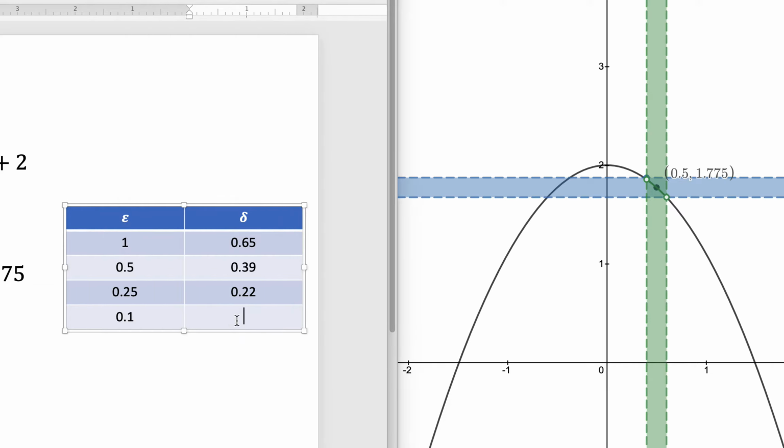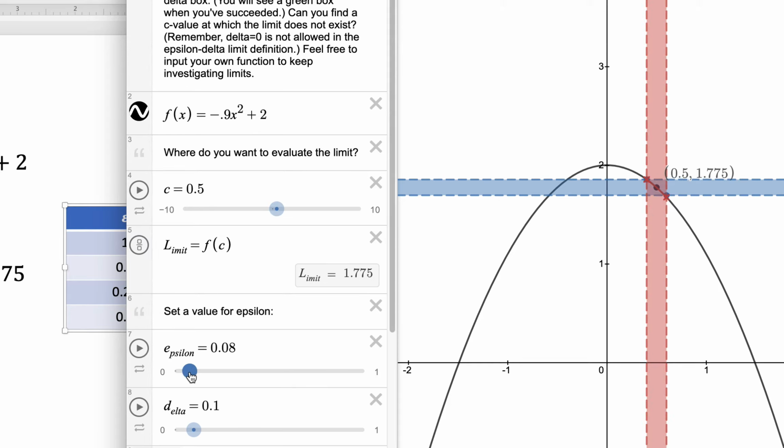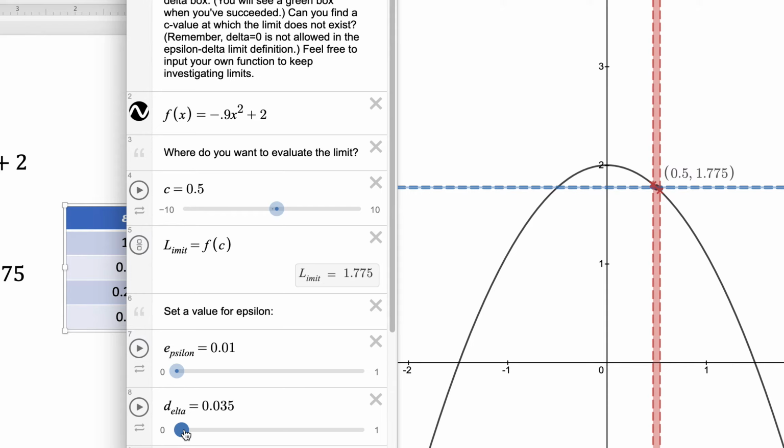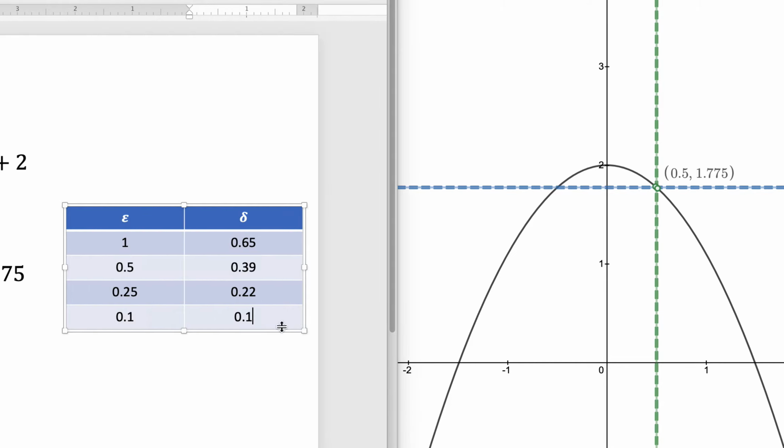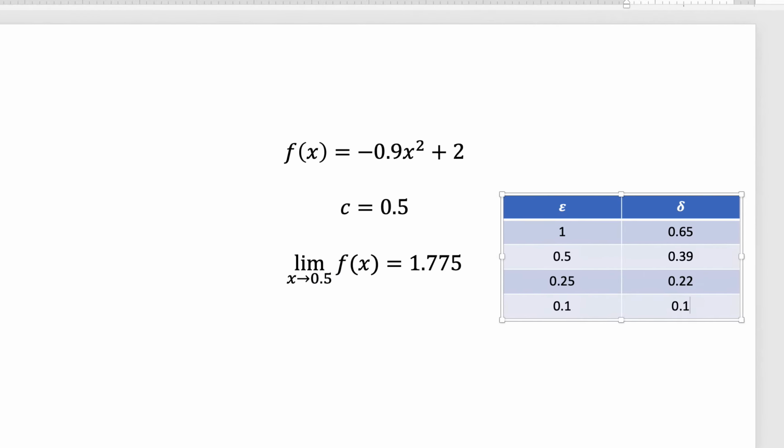So the idea is, could I keep picking smaller and smaller epsilons, and whenever I have an epsilon, can I find a delta? If I can always do that, we say the limit is that number. So let me pick a little bit smaller, say 0.01, and see if I can find a delta. Yep, it looks like 0.01 works for that. So I could even get smaller and smaller and smaller. That's the idea behind this.